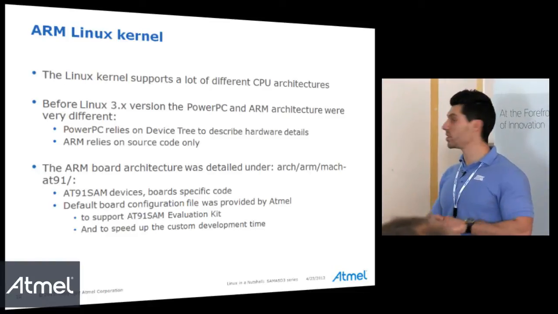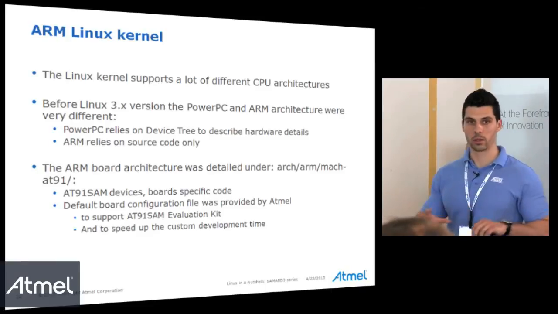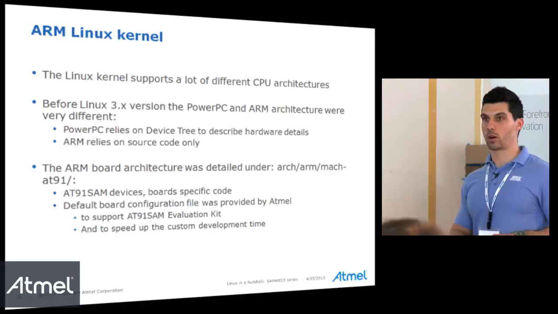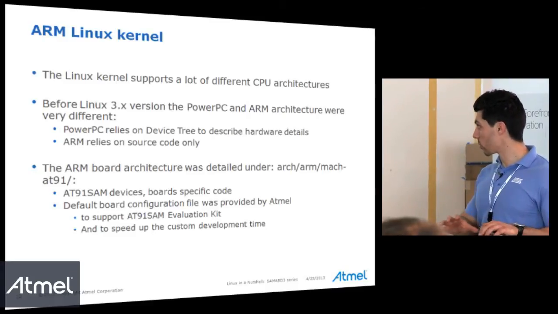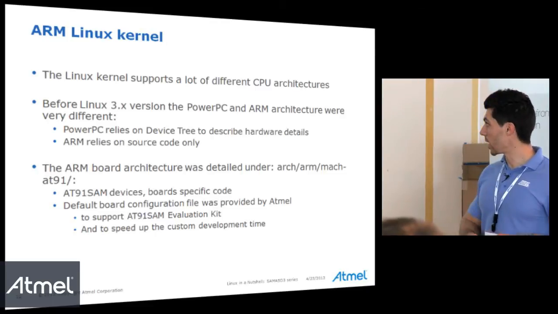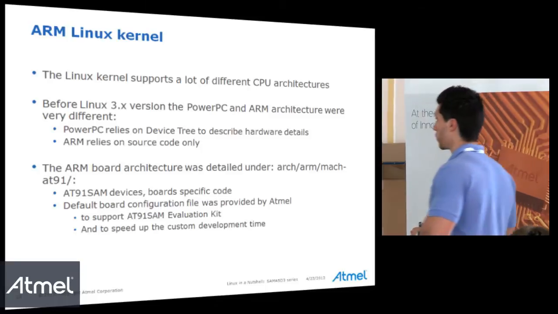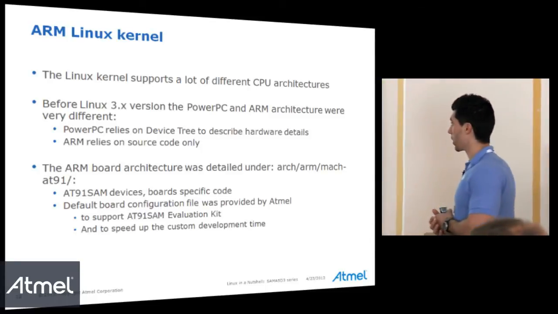PowerPC relies on device tree to describe hardware components and hardware details, but it was not the case for ARM architecture. It only relied on the source code. So it was two different approaches regarding the software architecture.